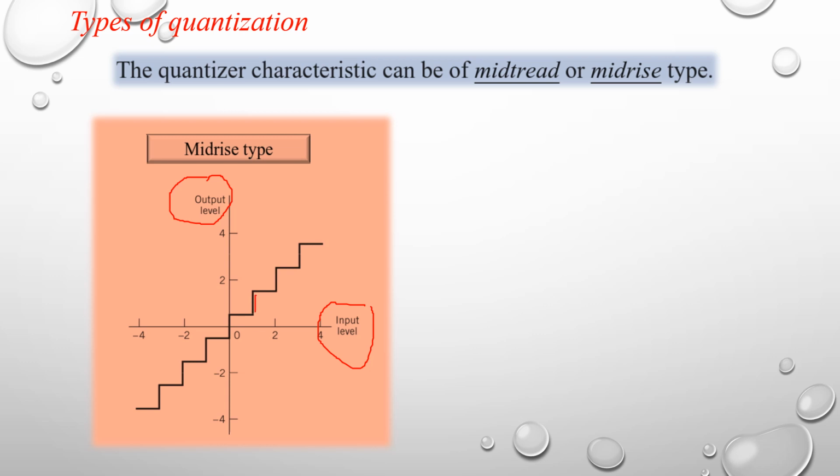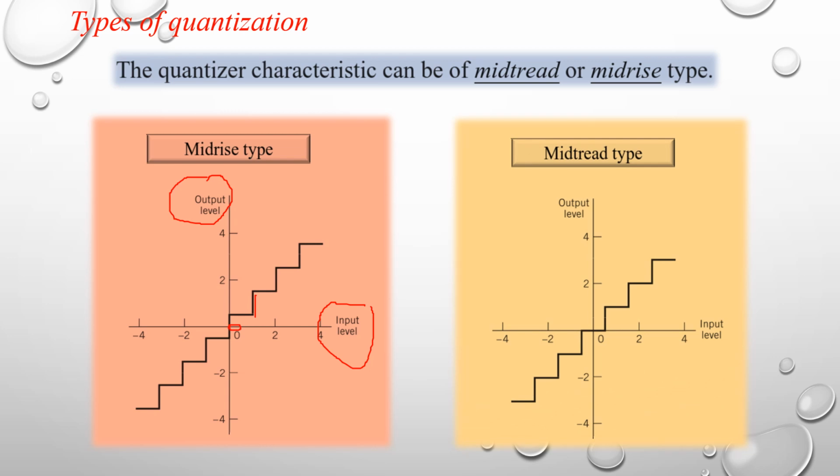The rising edge lies at the origin of the input and voltage levels, and this is the midpoint of the rising edge. This type of quantization process is called mid-rise quantization.